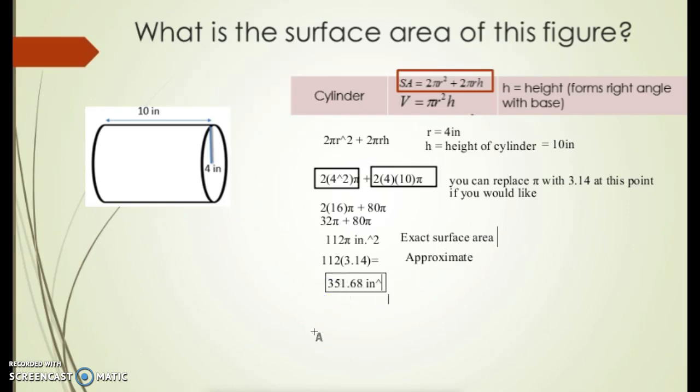So 351.68 inches squared is the approximate surface area. Again, being able to identify the solid, get the right formula, write it down, identify your variables, place them in the formula, and use correct order of operations. All right, let's try the next one.